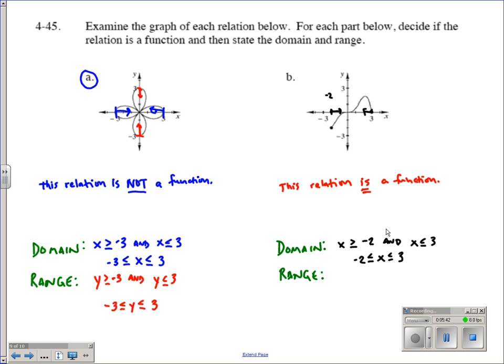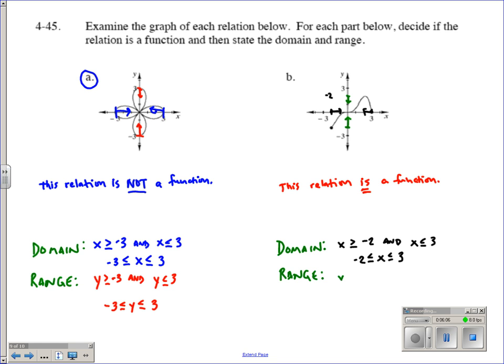Range, we're going to be looking for the lowest point on the graph, which is right here. So that's where y is -2. So that's our lowest point. And our highest point is up here. So remember, it doesn't always have to be the end point. It's just our highest point, which is right here. So it goes from here down.